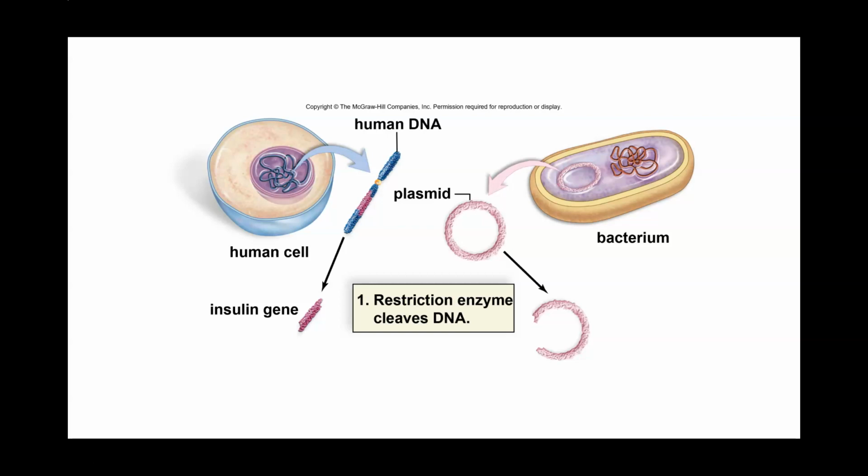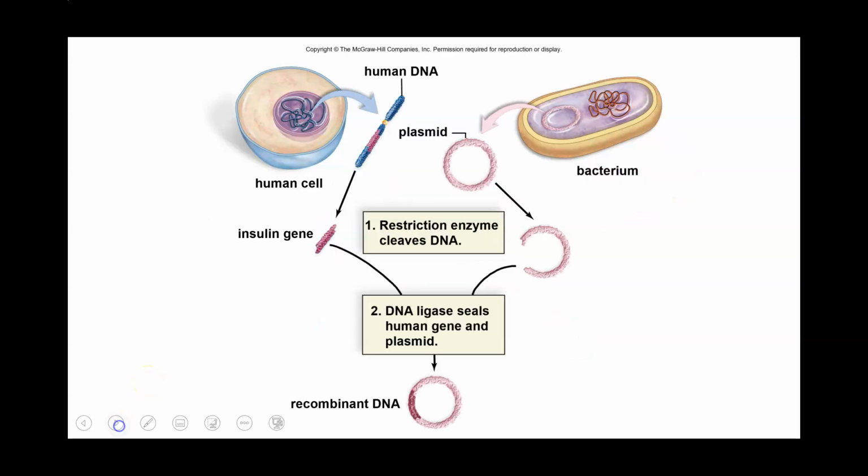We then can put the plasmid and that gene from the DNA together and wait for them to anneal or stick together. So once they stick together, DNA ligase seals everything in. So the backbone is going to be sealed completely.